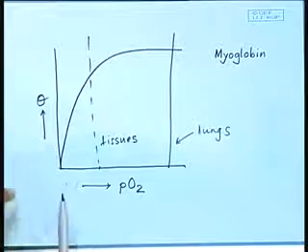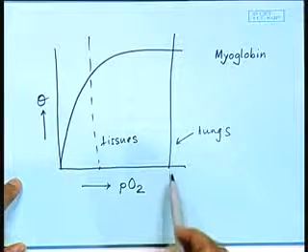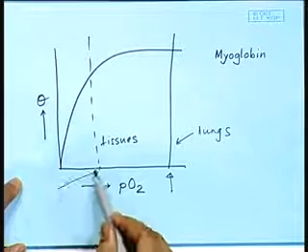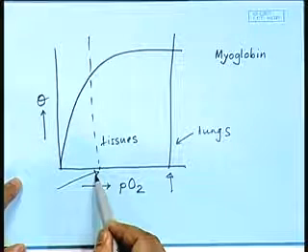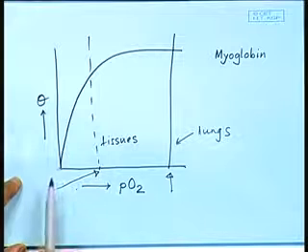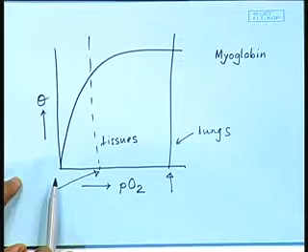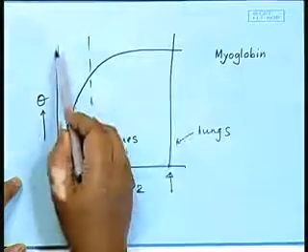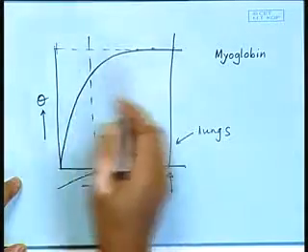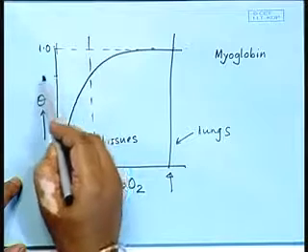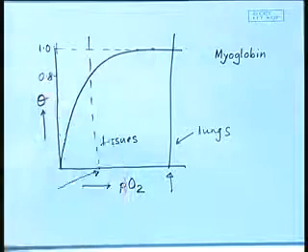So what are we saying? The partial pressure of oxygen in the lungs is high, the partial pressure of oxygen in the tissues is low, and if we have the binding in a hyperbolic fashion, this is 100% saturation, so we have a fraction here of 1, this is say 0.8. What am I saying?